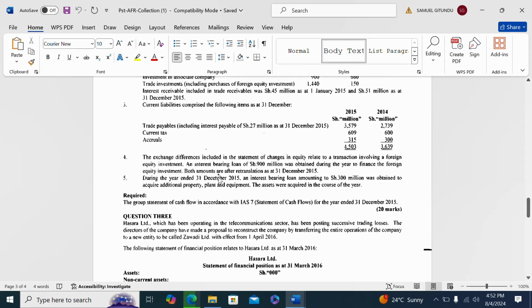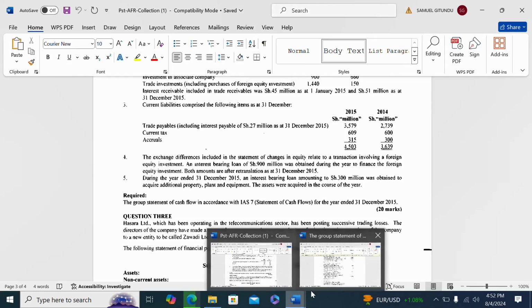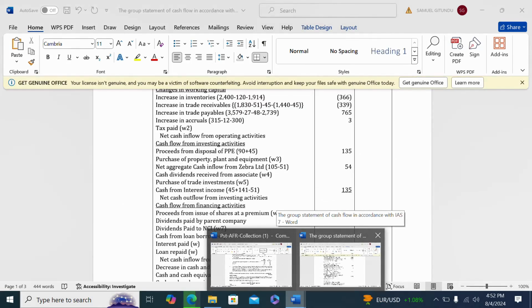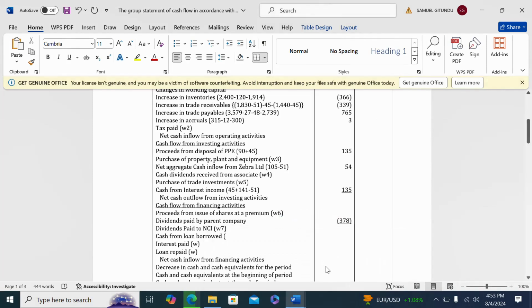Then, during the year ended 31st December 2015, an interest-bearing loan amounting to Shillings 300 million was obtained to acquire additional property, plant, and equipment. So, two loans were obtained. This one of 900 million and this one of 300 million. So, cash from the loan obtained will equal 900 million plus the 300 million. So how much is that? Is that 1,200 million?